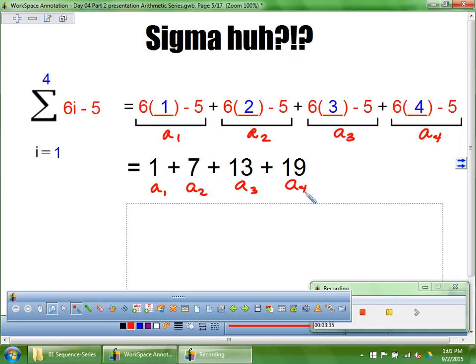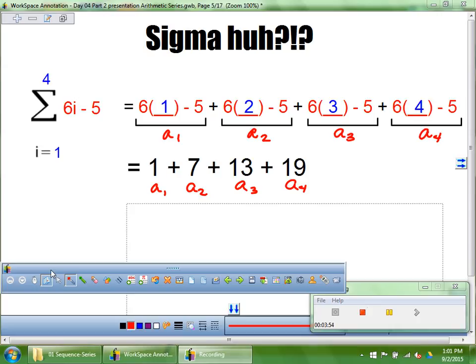So yesterday, or previously, we would be given this, and we would have information that we would get out of it, right? We would get a sub 1. We'd also get how many terms we have, and we'd also get how much we jump. I'm going to do this one in purple.